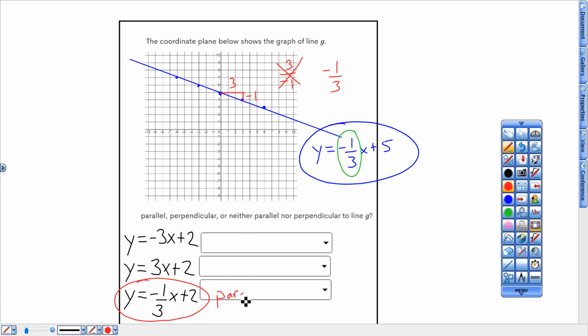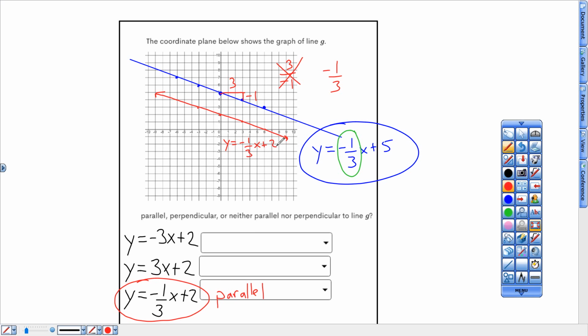They both have the same number in front of x. If I was to graph that, that would start at 2 and do that same over 3 down 1 pattern. Makes it parallel. Same slope, but different y-intercepts. That's the line y equals negative 1/3 x plus 2. So same slope, different y-intercepts.